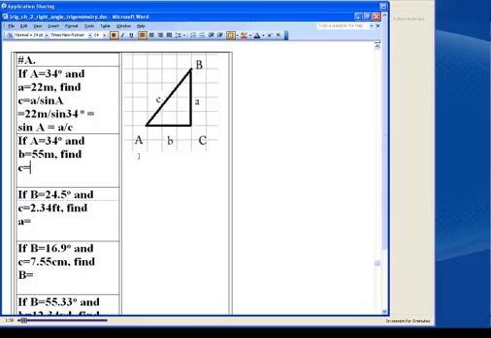Okay, the next one: A is 34 degrees, b, the adjacent side, is 55, and we're supposed to find the hypotenuse, so of course we're going to use the cosine.